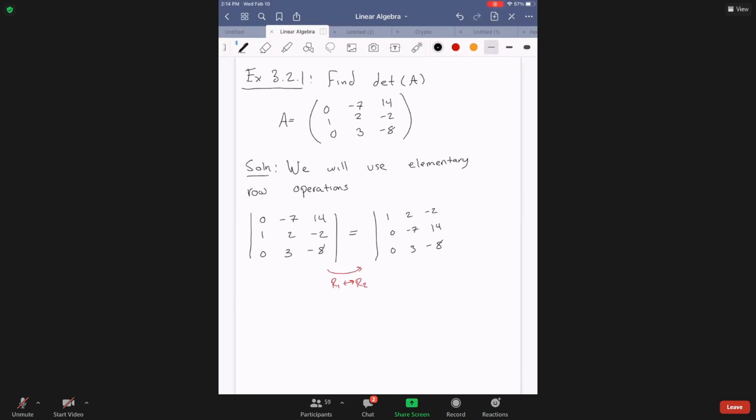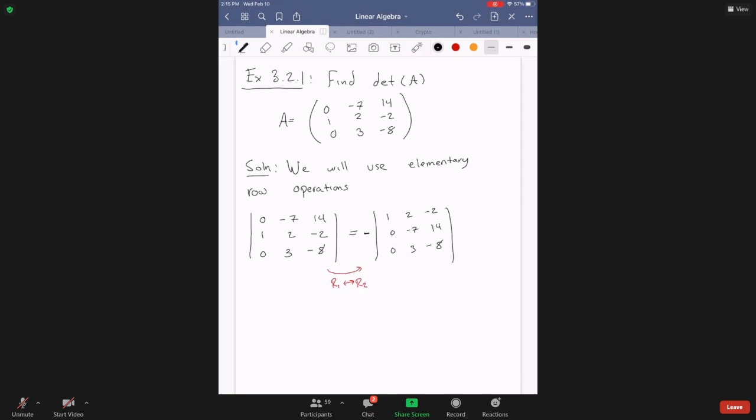Okay, so again, according to our rule, what should happen with the determinant? There should be a minus sign, right? So you have this now, okay? So now, if I want to make it triangular, what should I do in order to make it triangular?